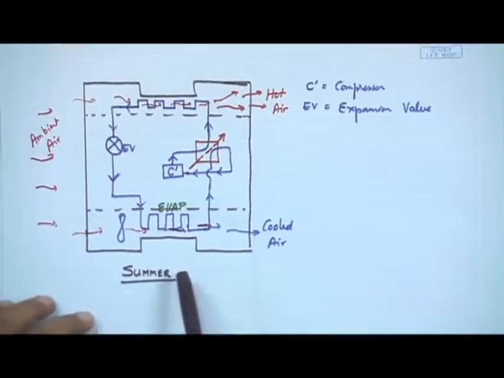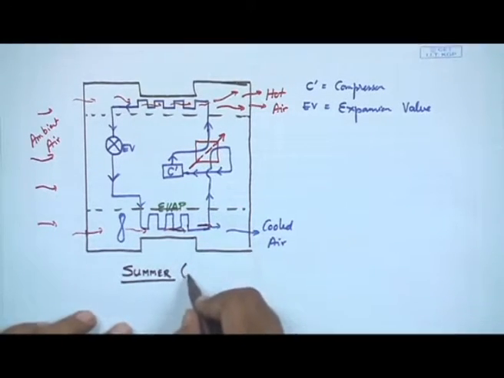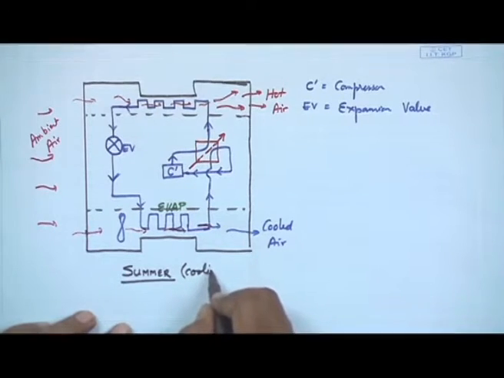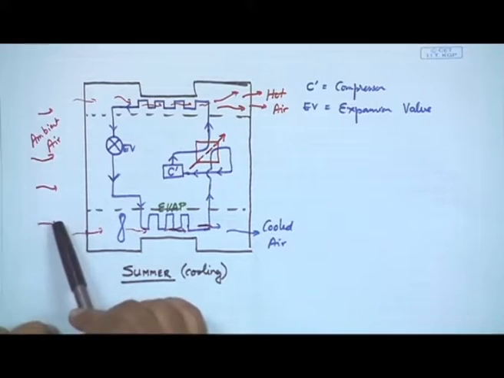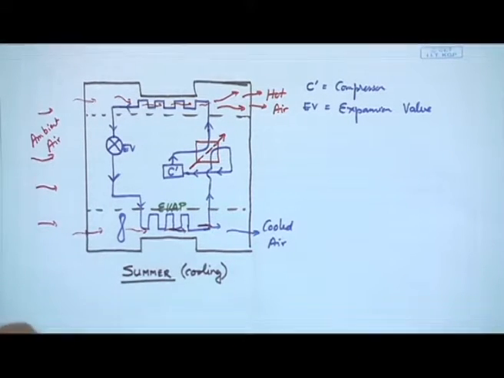So in summer what we would like to have is cooling. Now we have ambient air which is at an elevated temperature and which needs to be cooled down. In a typical vapor compression cycle, the location where you get cooling is where you have the evaporator, where the refrigerant converts itself at a low pressure from liquid to vapor.